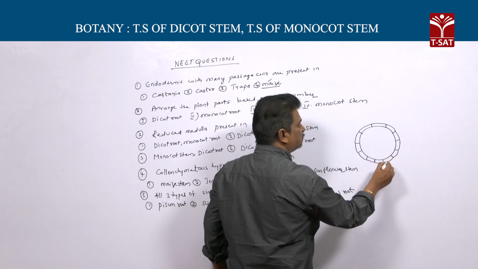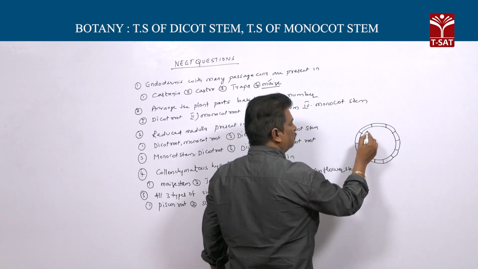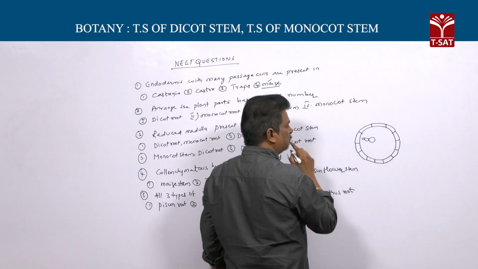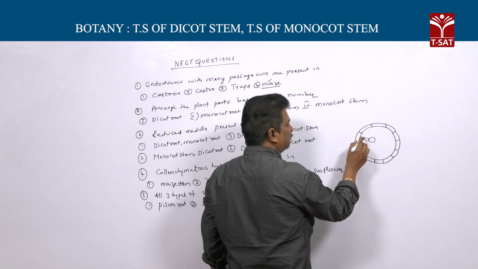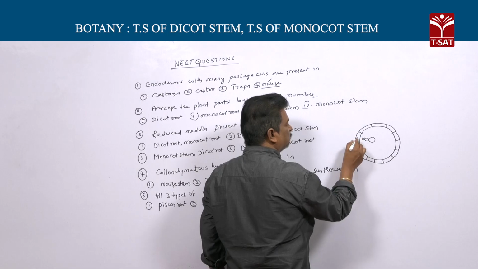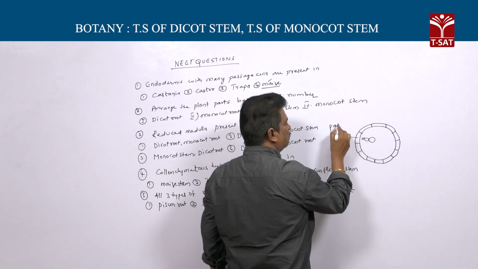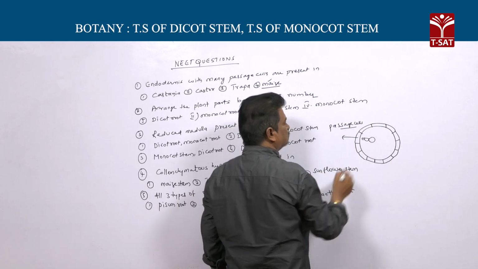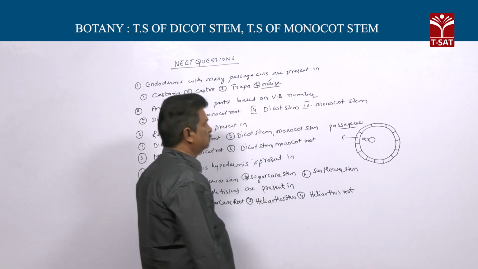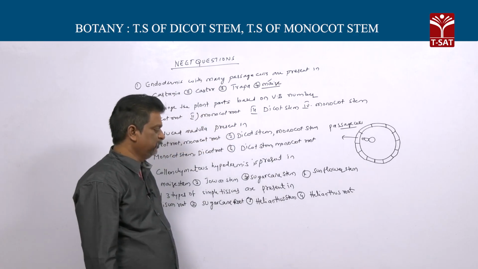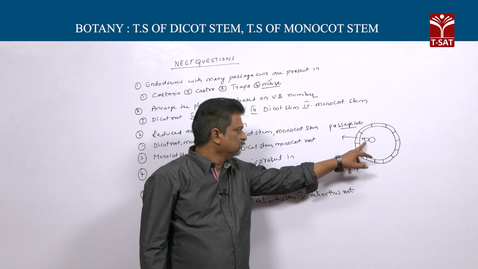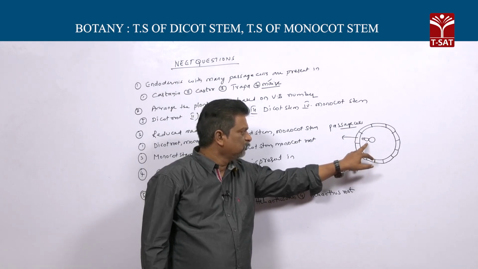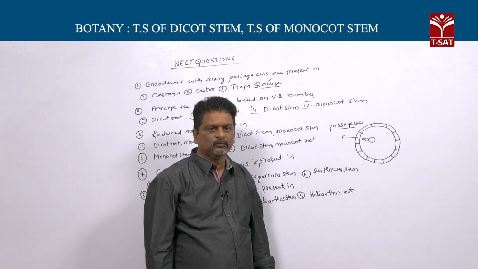These Casparian thickenings are impermeable to water, but some of the cells exactly opposite to protoxylem are thin walled, called passage cells or transfusion cells. It means the number of passage cells is equal to the number of xylem bundles.